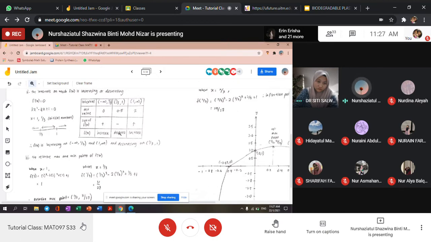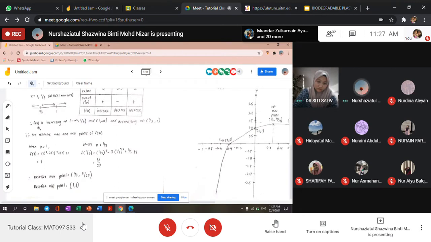And for the second interval, I got a negative value, which means it is decreasing. And for the third value, I got a positive value, that means the f(x) is increasing. So the conclusion, f(x) is increasing on (negative infinity, 1/3) and (1, infinity). Meanwhile, it is decreasing on (1/3, 1).